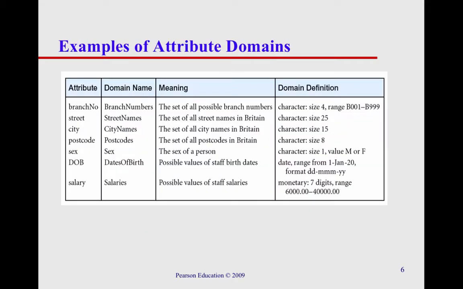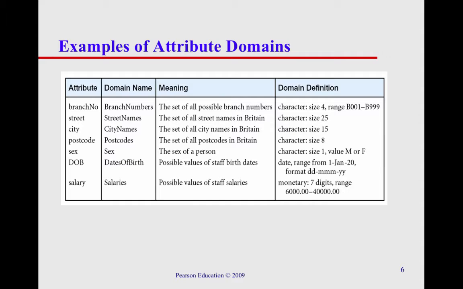Okay? And I'm not going to spend a lot of time on examples of attribute domains other than to say that in a database they are richer than the set you're used to in a programming language. For example, dates are important in databases, and therefore dates are a primitive type in most database systems, including in MySQL.